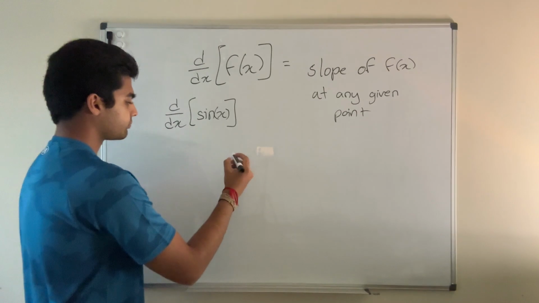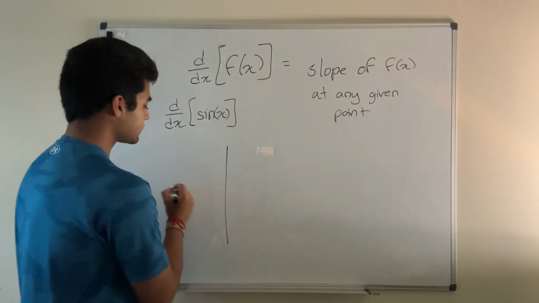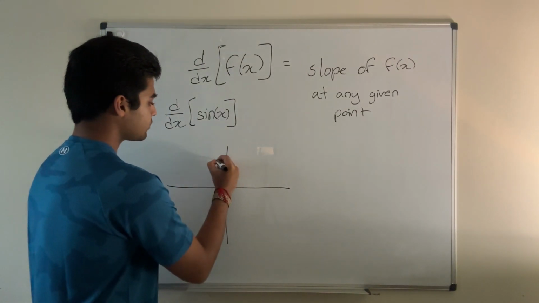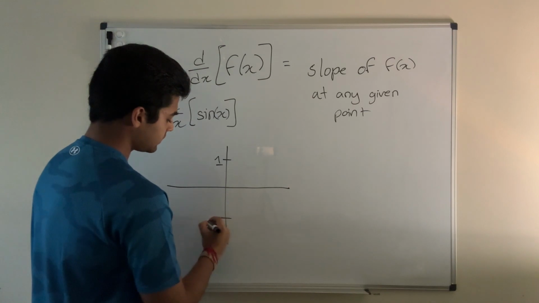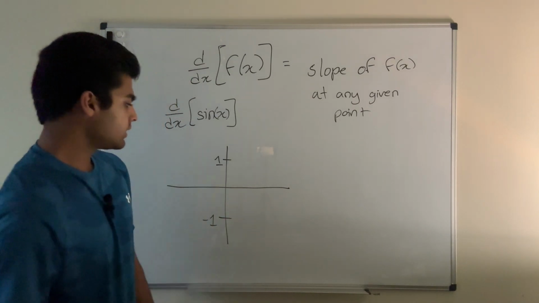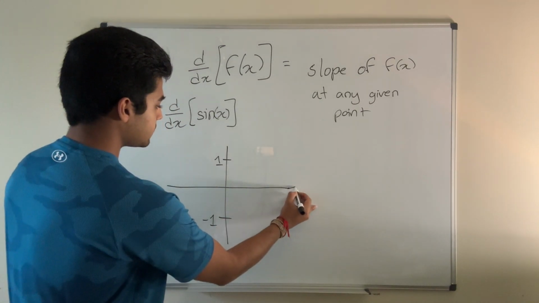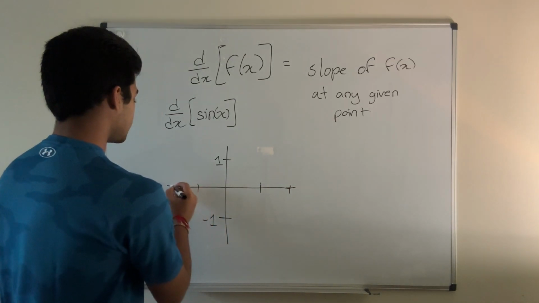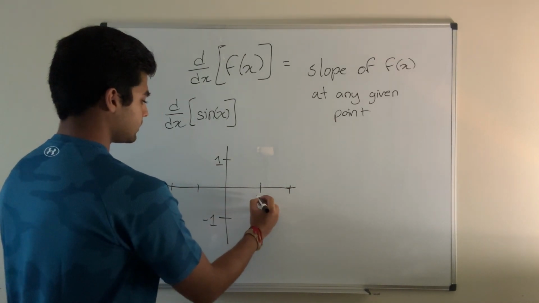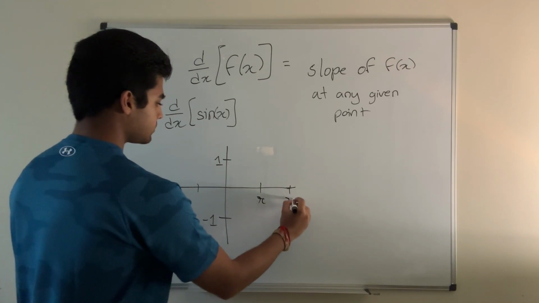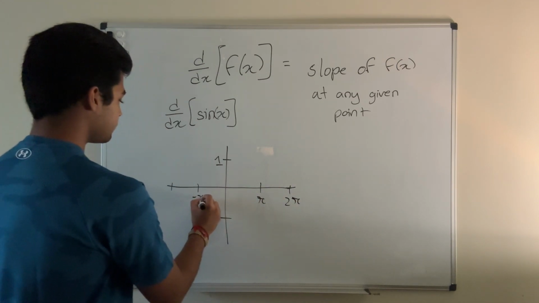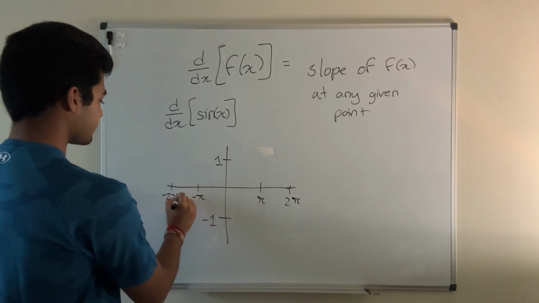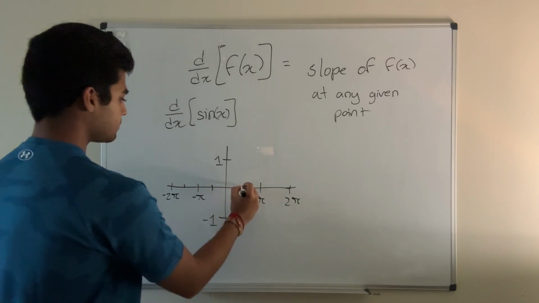So to start off, let's graph sine x. I'll have 1 right here, negative 1 right here. And we'll go by increments of pi here, 2 pi, negative 2 pi. And these are going to be our pi over 2's.